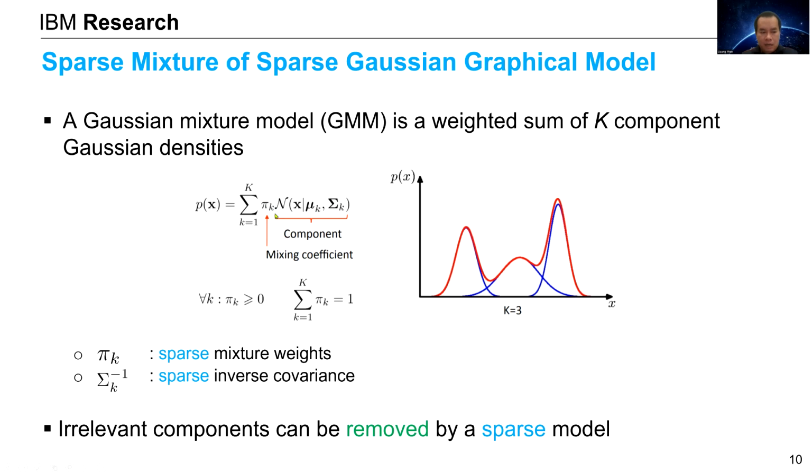The meaning here is that we try to take the least number of components that still represent the data. That we call sparsity on the mixture weight. And we also include the sparsity on the inverse covariance matrix. That we call the double sparsity in our model. So by doing so, we can remove the irrelevant components from the model.